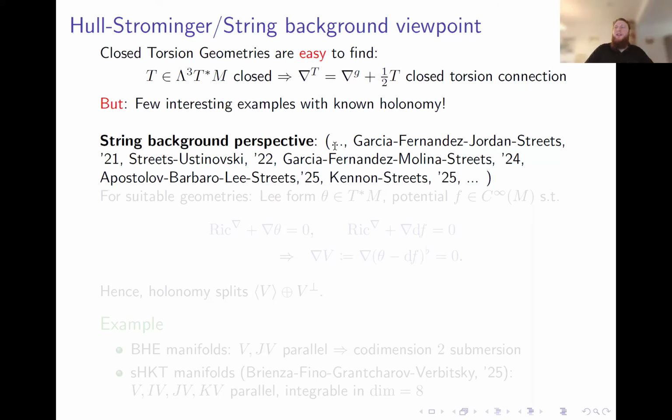There are lots of physicists who worked in this field, and I'm not going to cite all their papers right here. I cited some of the papers I've actually read, and there are more papers on this. So this is a big story. People have worked a lot on this. And the way I'm going to present it is from this paper by Aaron Kennon and Jeff Streets from last November.